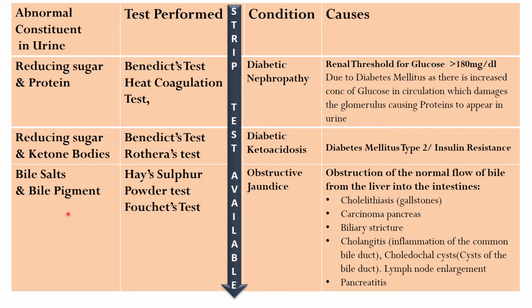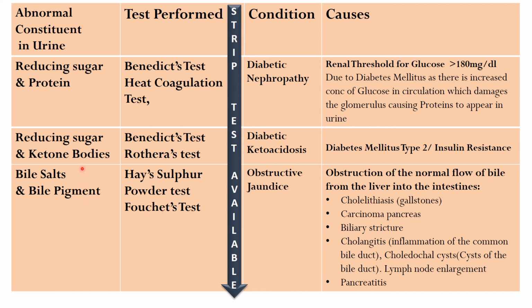Now, the next abnormal components that we will see are bile salt and bile pigment. We just discussed that generally the conjugated form of bilirubin is present in urine as an abnormal constituent. The unconjugated form cannot cross the renal threshold because it is attached to albumin, so it cannot cross the glomerular barrier.